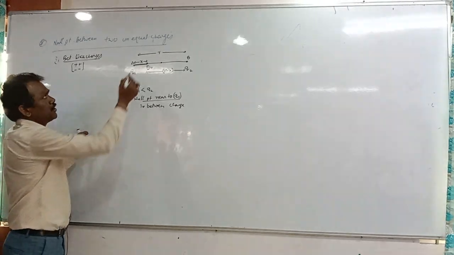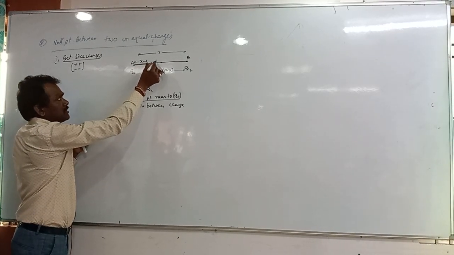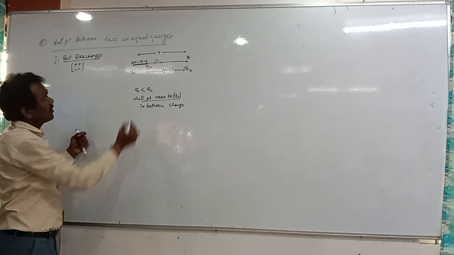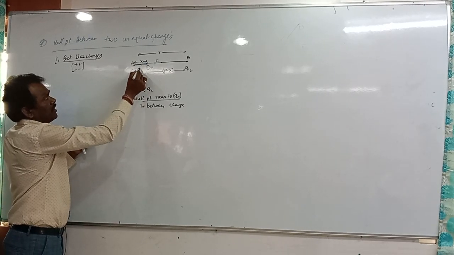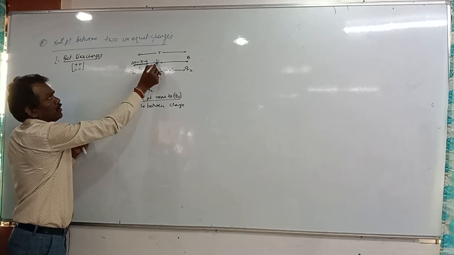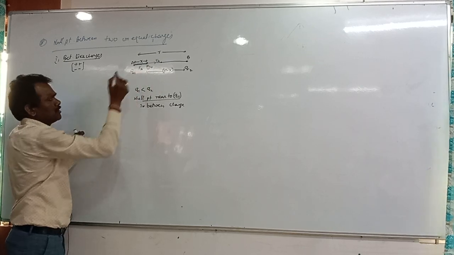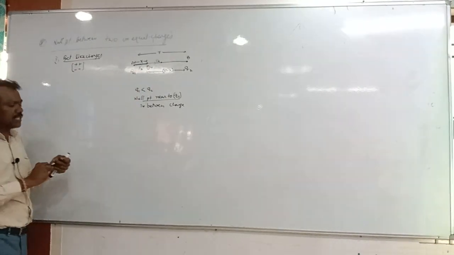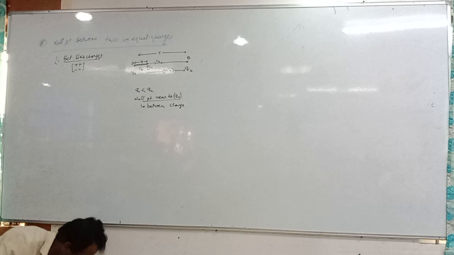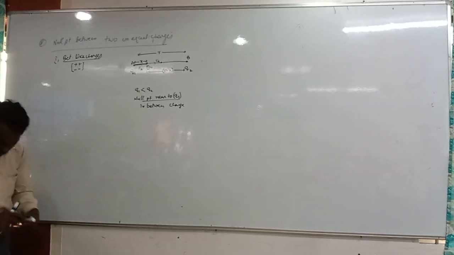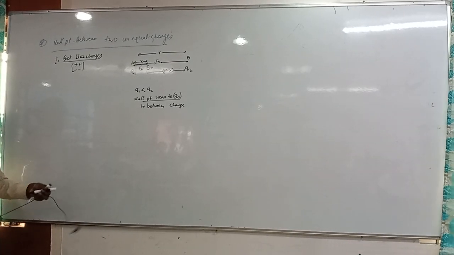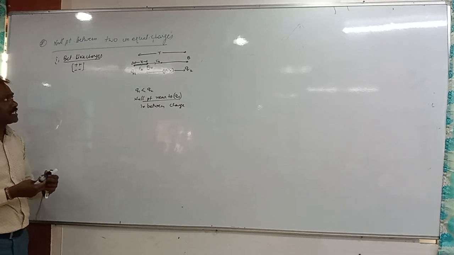That means the force acting due to q1 is f1, and in the reverse direction it is f2, due to the b charge. If both forces are equal and opposite, we can find out the x distance.